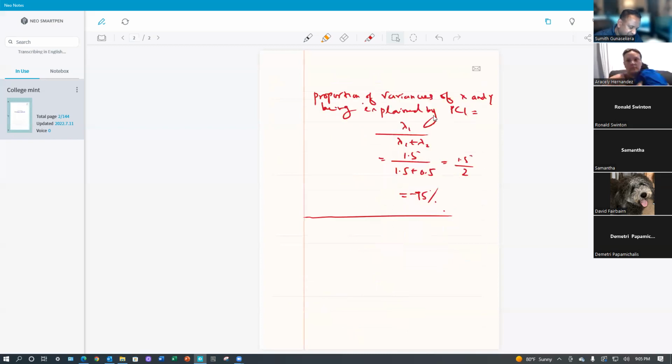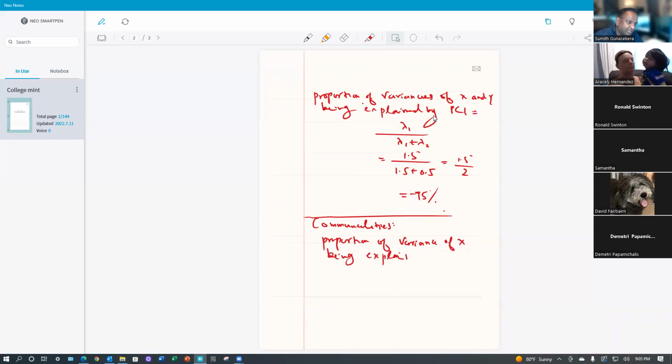Proportion of variance of x being explained by PC1 and PC2 together, in this case how much? 1 over 1 plus 1, which is 1/2, 50%.